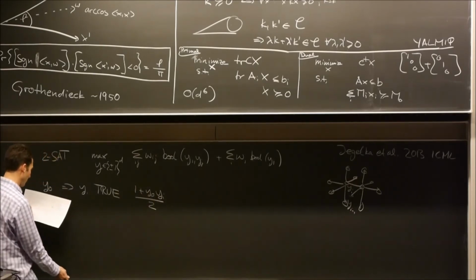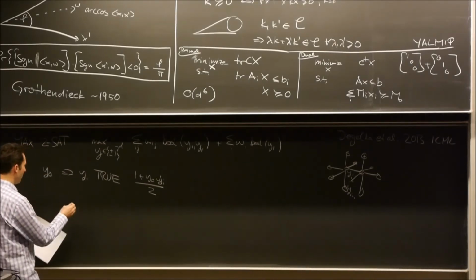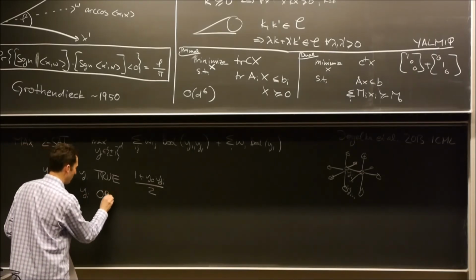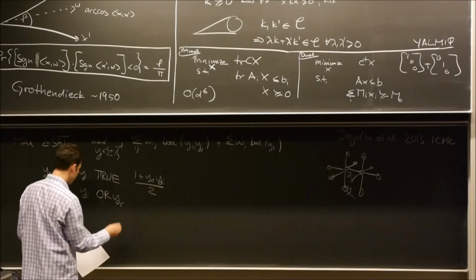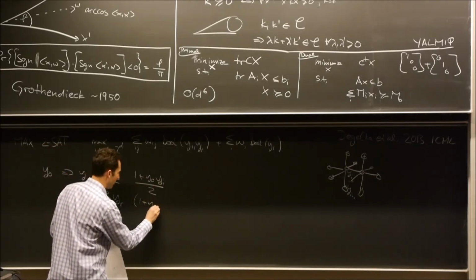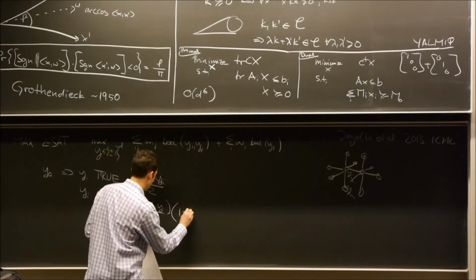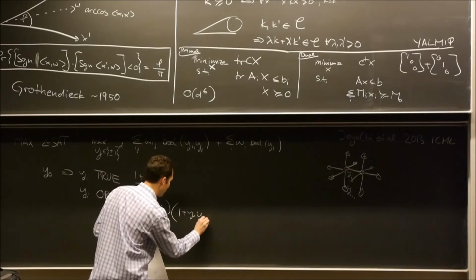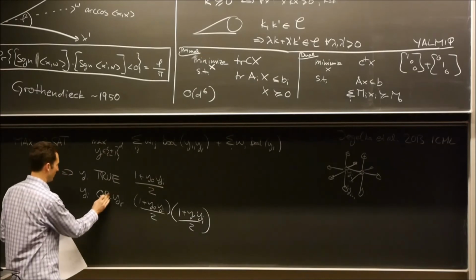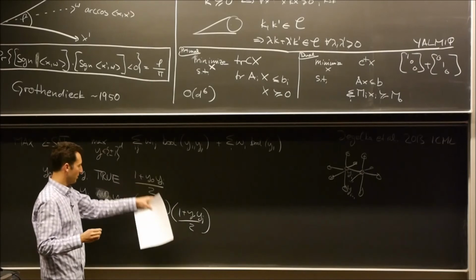I can do things like yi or yj. And for this, I get 1 plus y0 yi over 2, times 1 plus y0 yj over 2. Sorry, this is an and, because both need to be true.